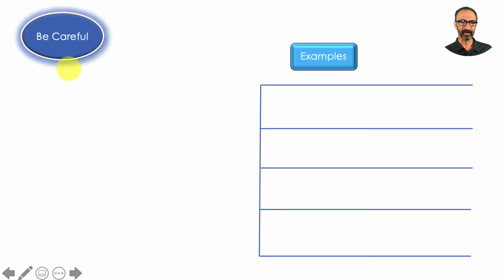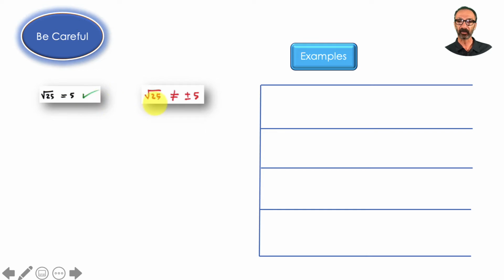Here's something that I want to clear up for you, because sometimes there are chances for mistakes on some topics, and this is one of them. Everybody agrees that square root of 25 is 5. Check. What I'm trying to say is the square root of 25 is not plus minus 5.